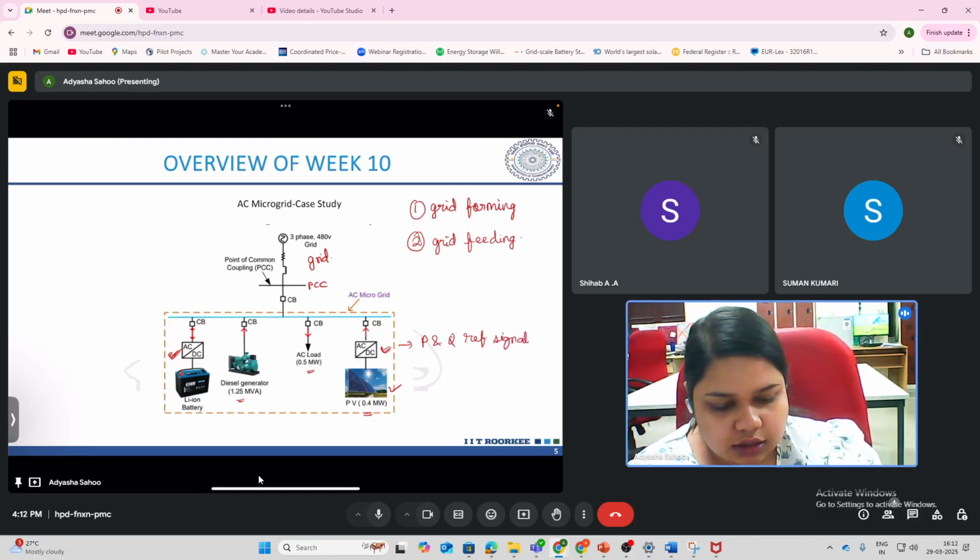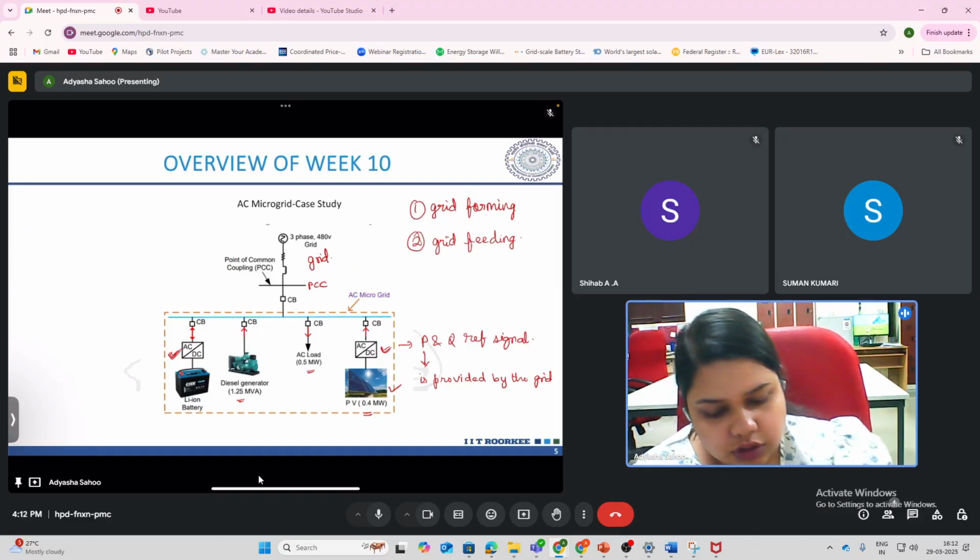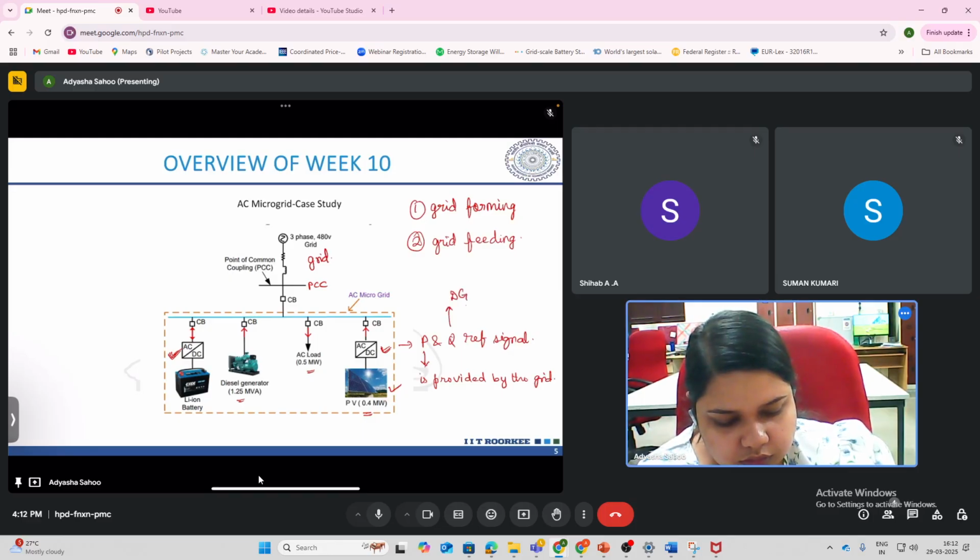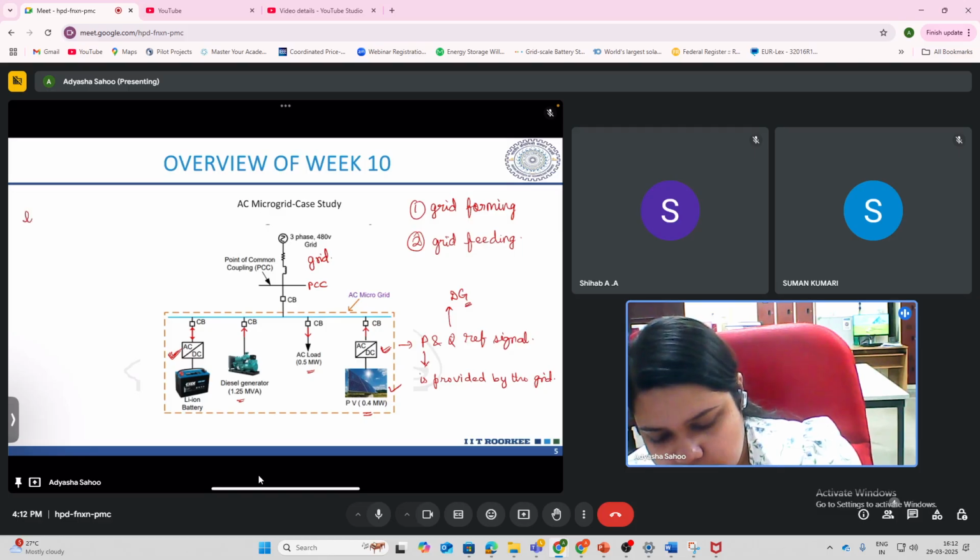Since it is a grid connected system, the P reference is provided by the grid. And for the Q reference here, we have the DG. So for a grid connected system, the DG provides the Q support, reactive power support.